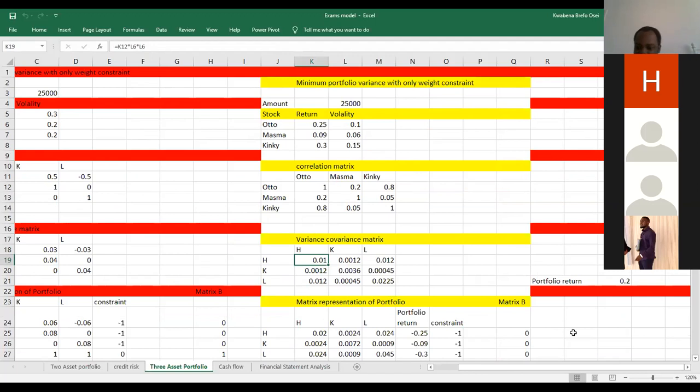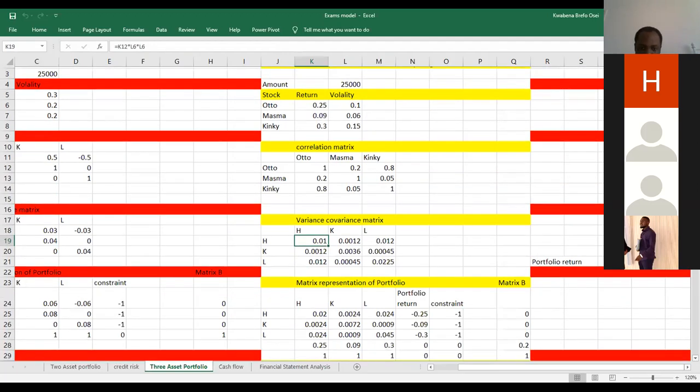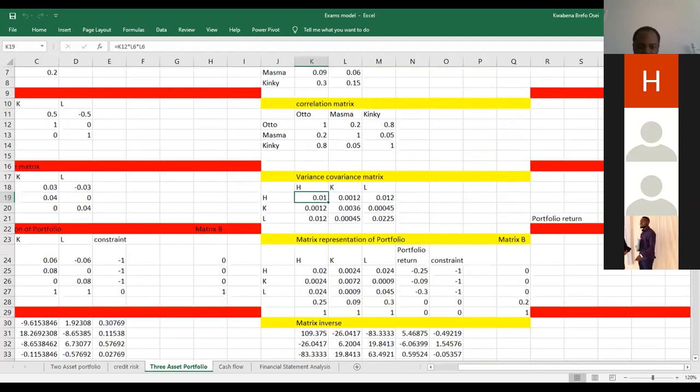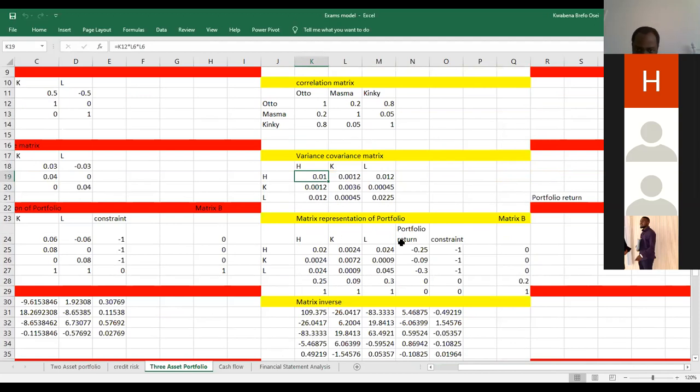Now the most important thing is trying to come up with this one, the matrix representation of the portfolio, which is this one. So what we did here was I first write the 2 times the variance of the covariance matrix, which is this one, which represent these ones. Which represent this one.